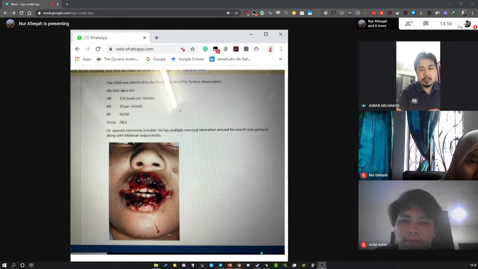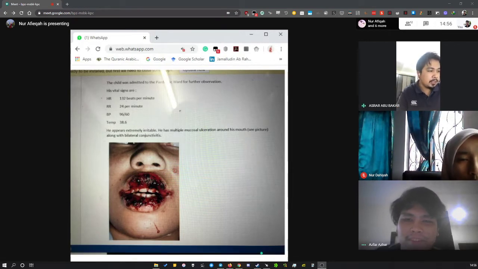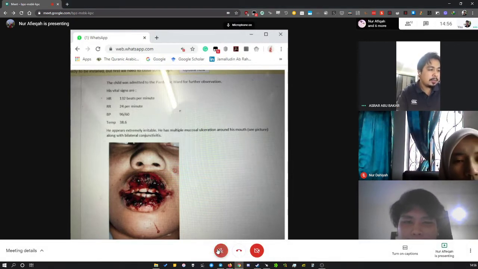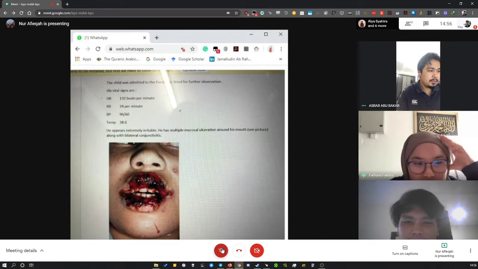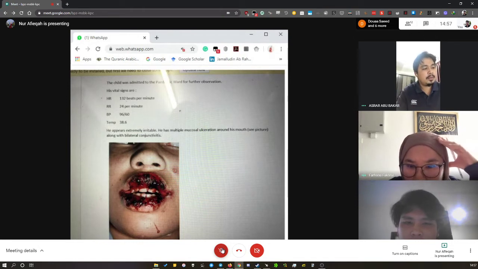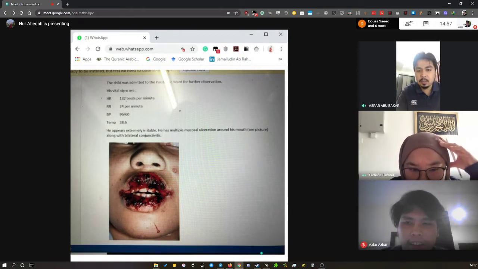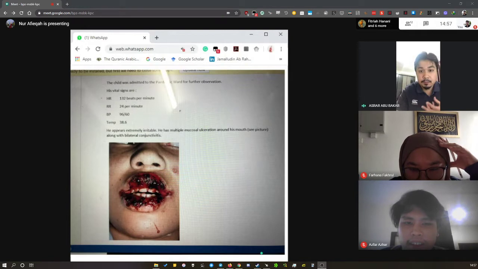What does worry me is obviously the picture, isn't it? So what can you see in the picture? Inflammation over the mucosa, such as the lip. Yeah. Could be like Stevens-Johnson syndrome. Okay, there's a lot of mucosal involvement here, mucosal inflammation because it's swollen.